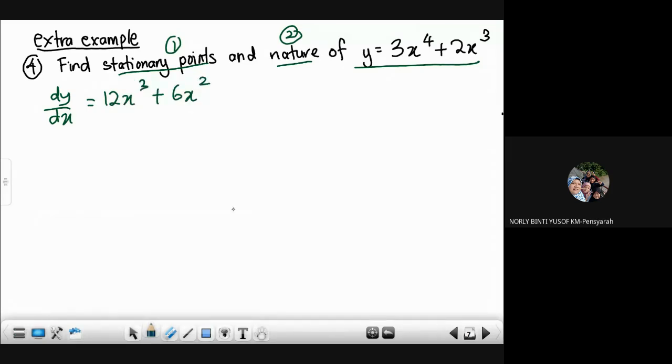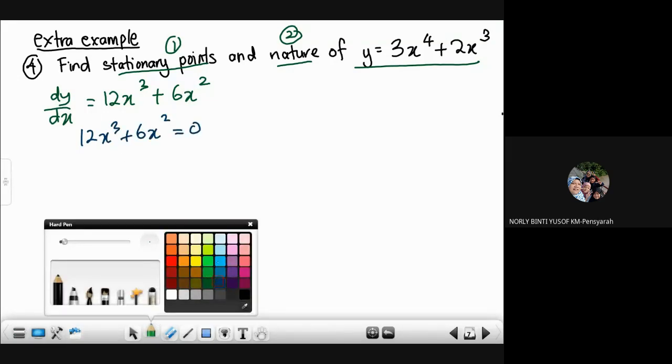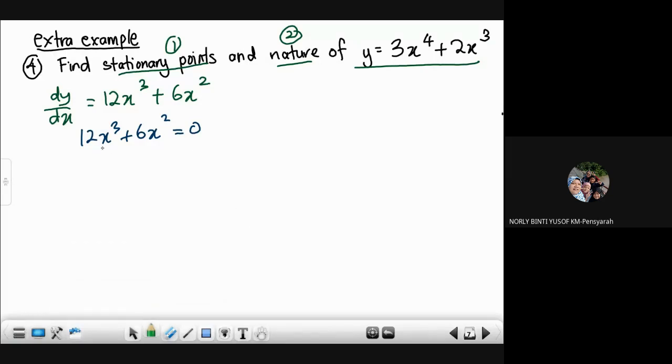Nanti you equate 12x^3 + 6x^2 = 0. Factorize common factor, x squared dengan 6 boleh keluar. So you will left 2x plus 1. Okay, and then your roots is 0 and also negative half.